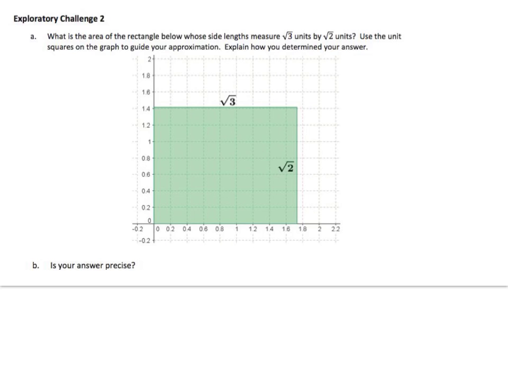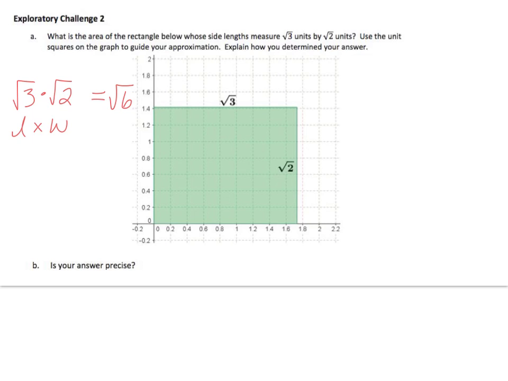So what we're going to do here is approximate the area, because since they're both irrational numbers, we aren't going to get a nice solid answer that's exact. We are going to round, right? So if we did square root of 3 times square root of 2, because that's length times width, we would get the square root of 6.